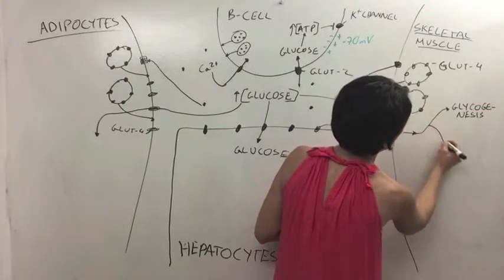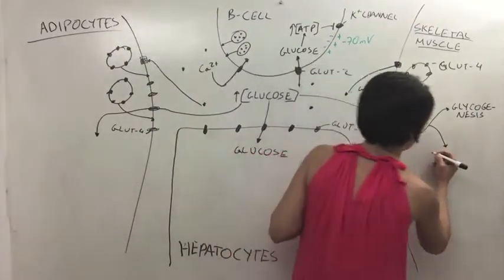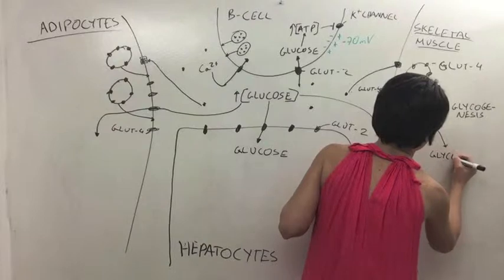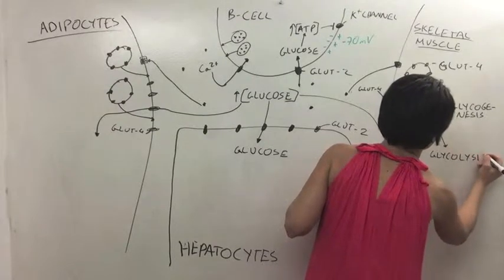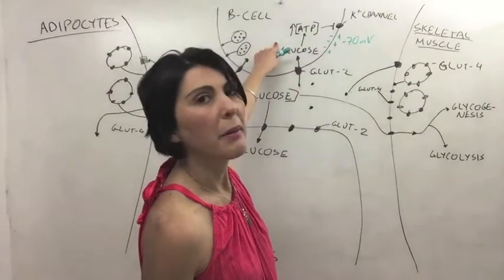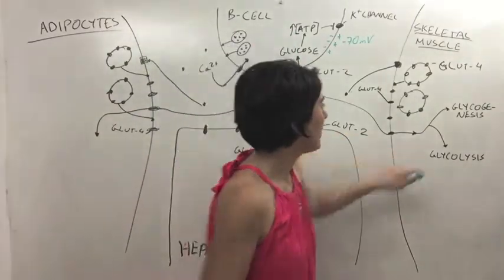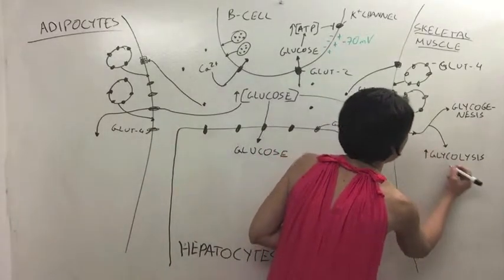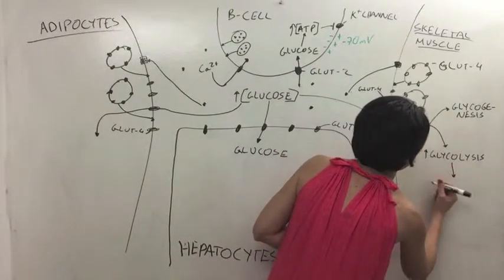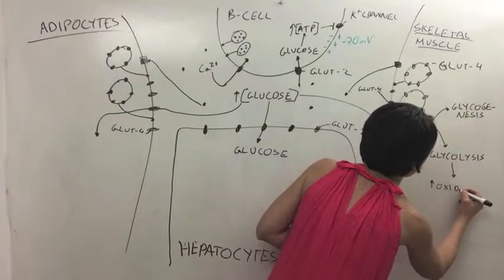And you're also going to get an increase in glycolysis. Okay, so that's the breaking down. The same thing that happened in the beta cells, it's going to happen here. You're generating more ATP, and therefore you're also going to get an increase in oxidative phosphorylation.